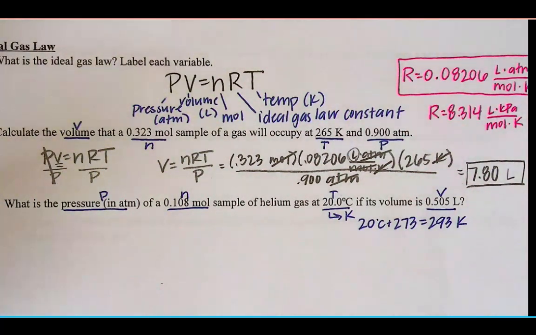One thing you should make sure to convert is temperature.